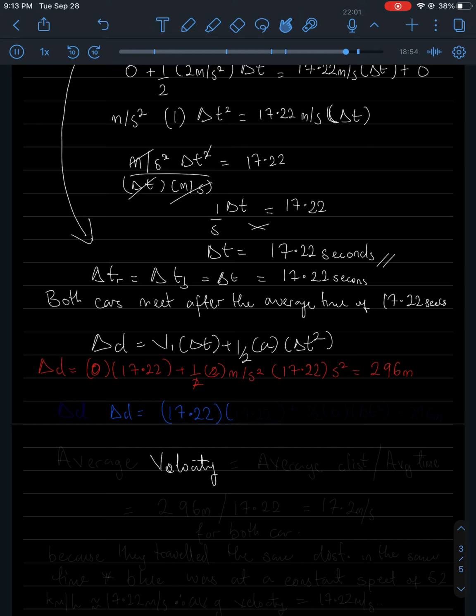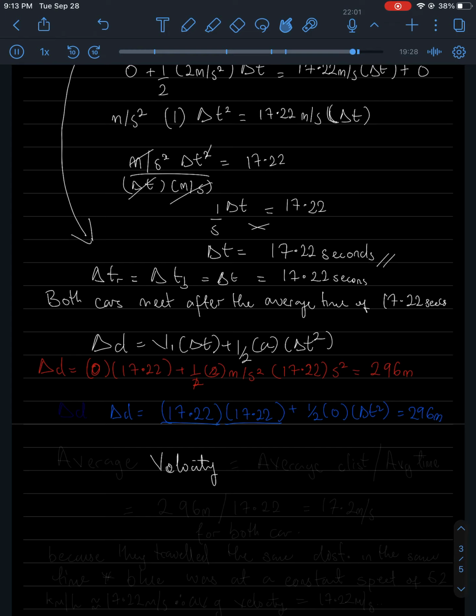We calculated 17.22 meters per second times 17.22, its change in time, plus 1/2. The acceleration is 0, so we know this whole term is 0. And here again we have 17.22 times 17.22, and this will give us the same thing as 17.22 squared, so 296 meters. So we know our answer is correct.